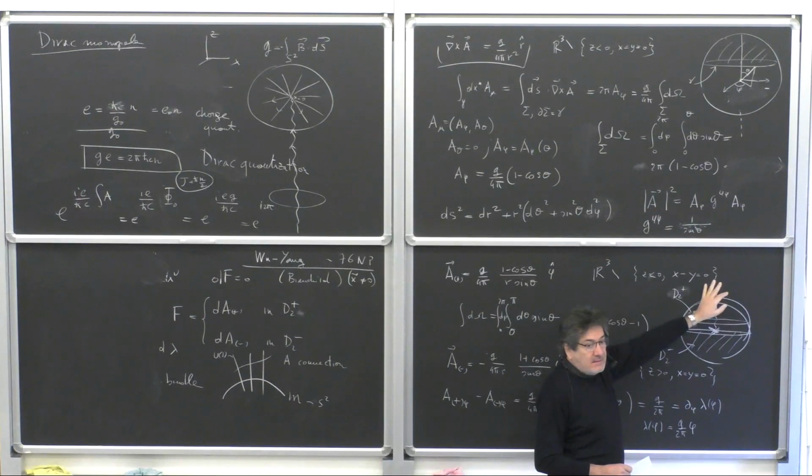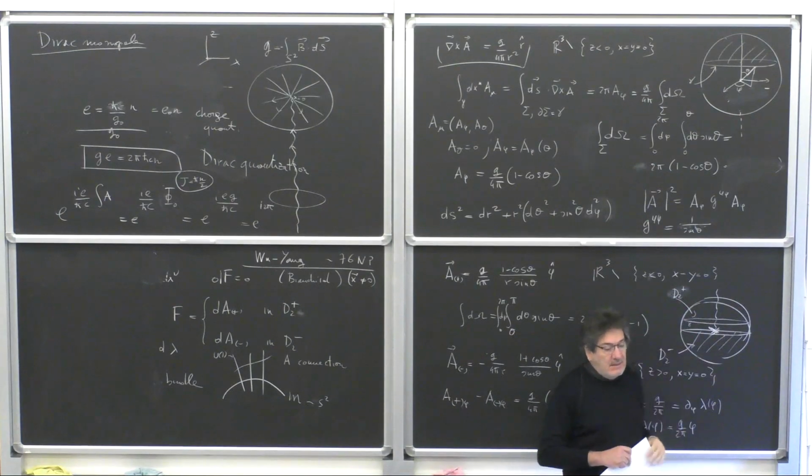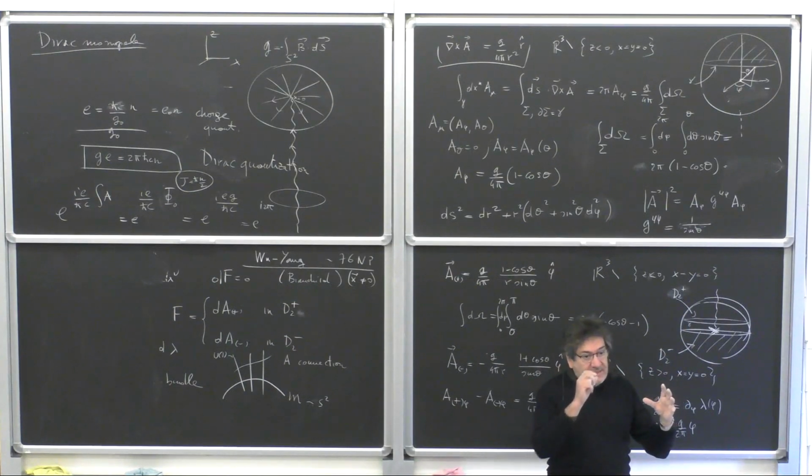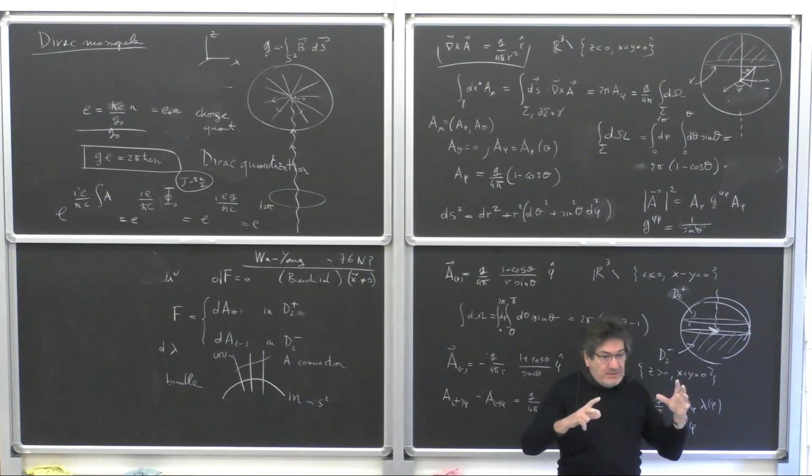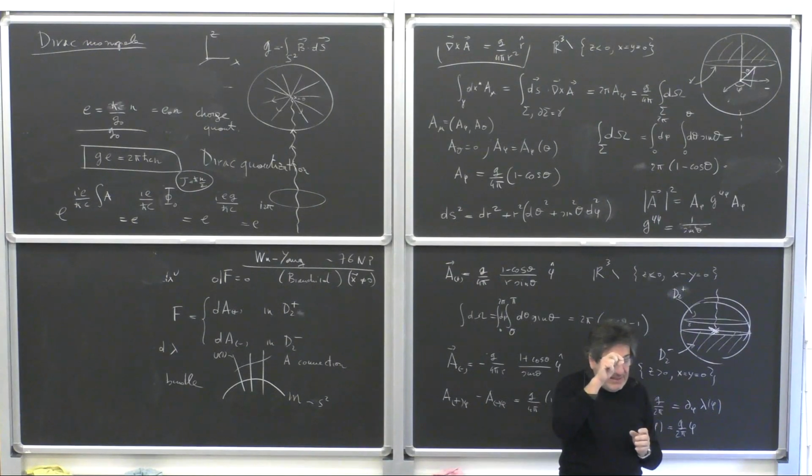Okay? So, yes, the string can go anywhere, okay? Because in order to be described by a gauge field, A, the total flux should be zero. So you have this smooth flux, which is positive, and then a singular negative contribution somewhere on the sphere, and that's where the string passes. Okay, you can put the string down, up, where you want.